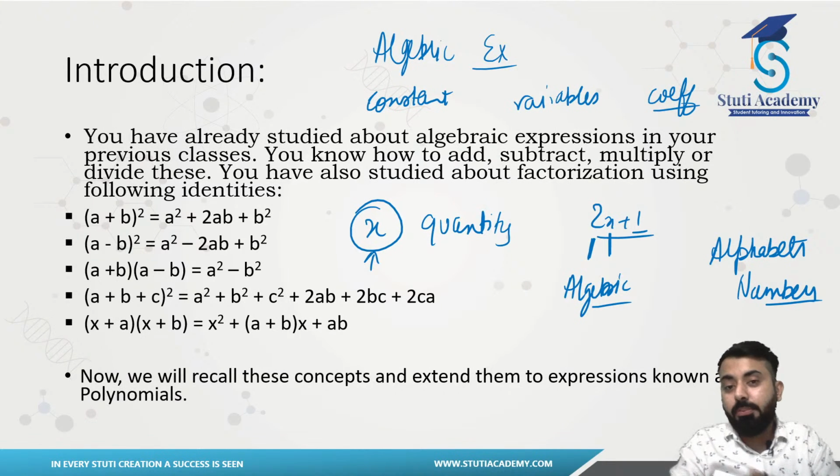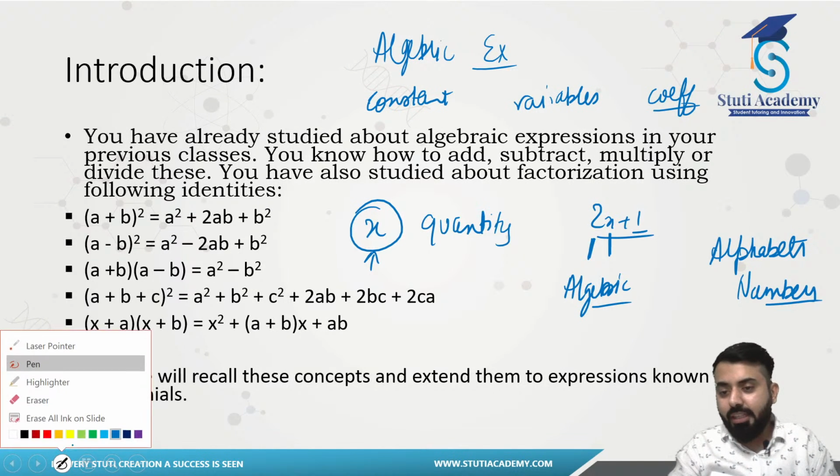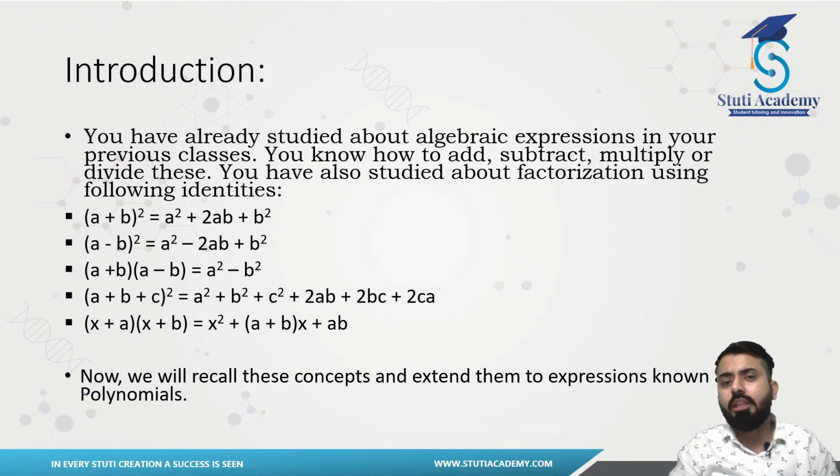See, what is the difference between an expression and an equation? Expressions generally do not have any value. They don't give you any output. They don't give you any result. They just give you the mathematical expression of a written statement. Let's say I give you an example here, and you will recall everything then.